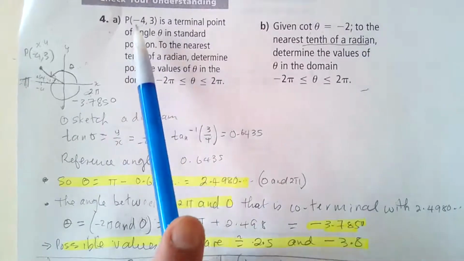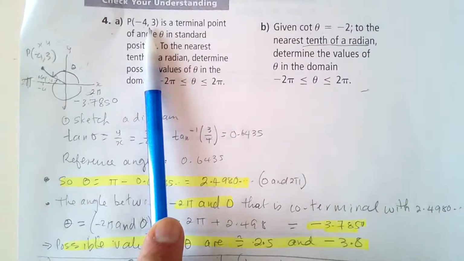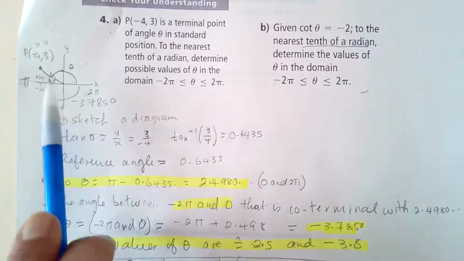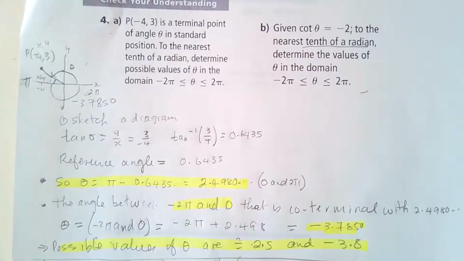So I said before, you could use sine or cosine to find the reference angle, but it's not necessary in this situation because you're given the x and y, so use that in tangent to find your reference angle.